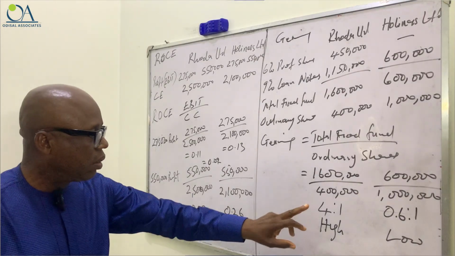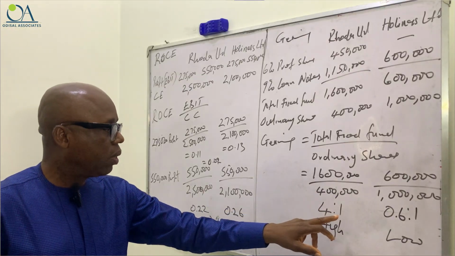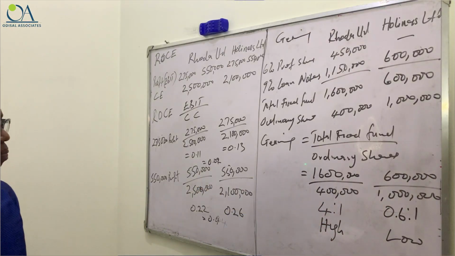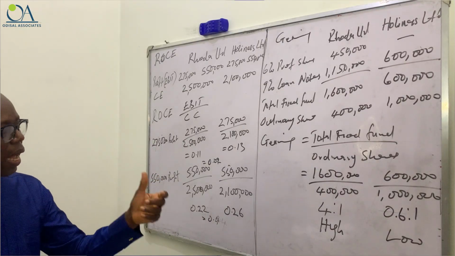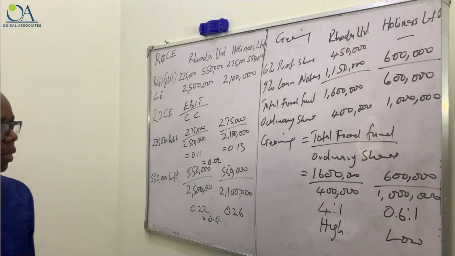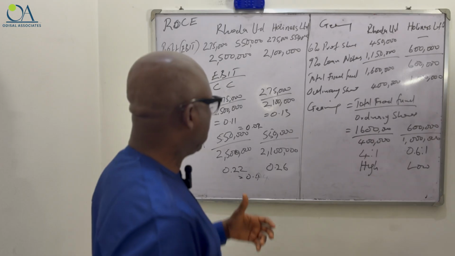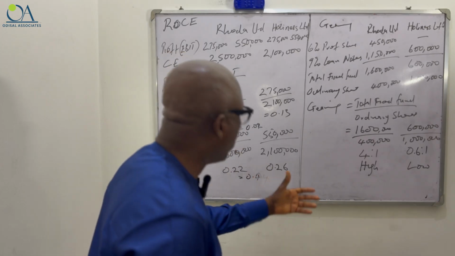Its loan that has fixed interest is 4 times more than their equity. These people are actually doing what is called trading on capital. They are using their capital, their assets, to borrow money.